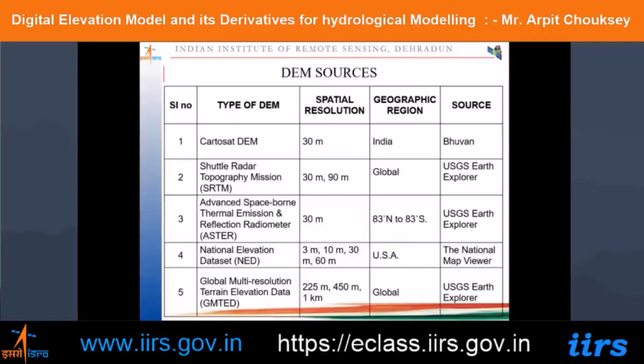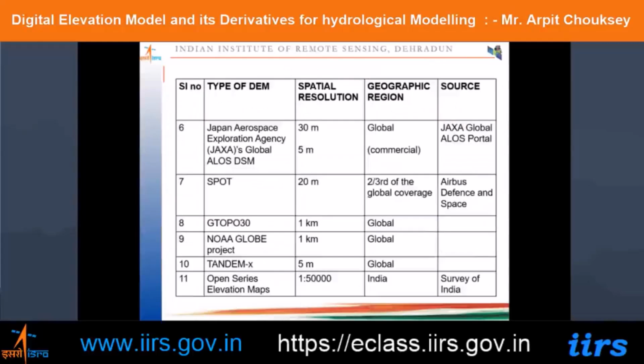Now we come to the terrain parameters, that means the DEM derivatives and watershed delineation. Several types of terrain variables can be extracted from the digital elevation model, like height, slope, aspect, upslope area, flow length, upslope length, profile curvature, plan curvature, and visibility. In this table, importance is also given.